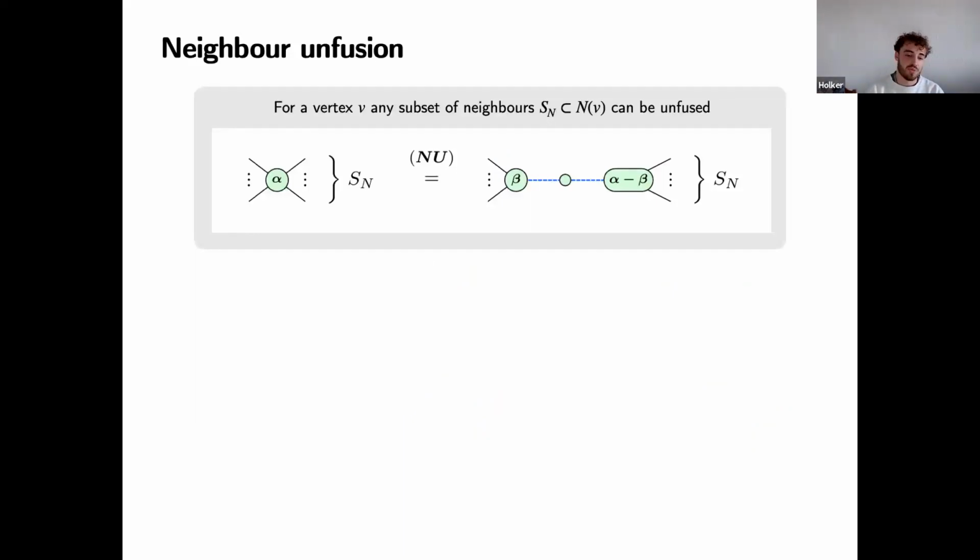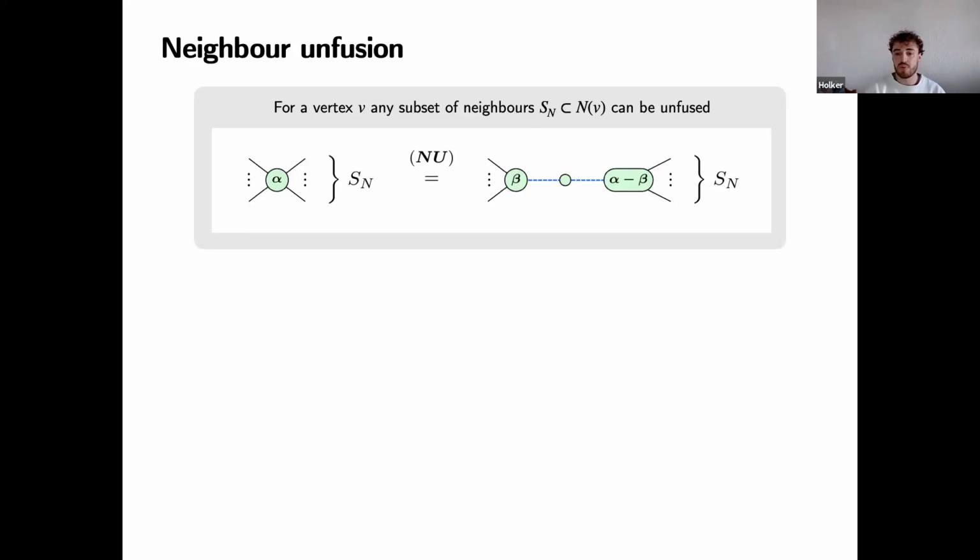This has been introduced before in certain specific examples, but here we generalize it such that you can unfuse any subset of neighbours, and then it allows you to choose the phase of the vertex which you've unfused. It's essentially applying the identity fusion rule in reverse.